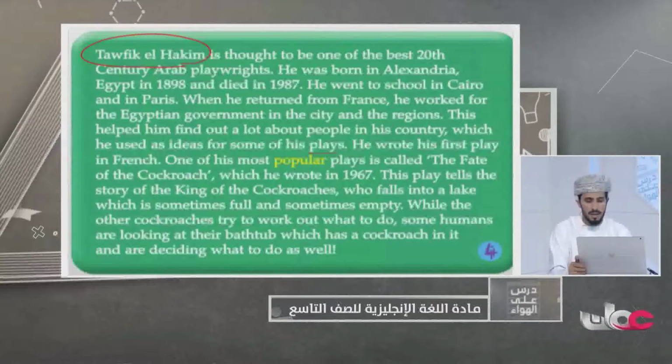He wrote his first play in French. One of his most popular plays is called The Fate of the Cockroach, which he wrote in 1967. This play tells the story of the king of the cockroaches. The cockroach is an insect.